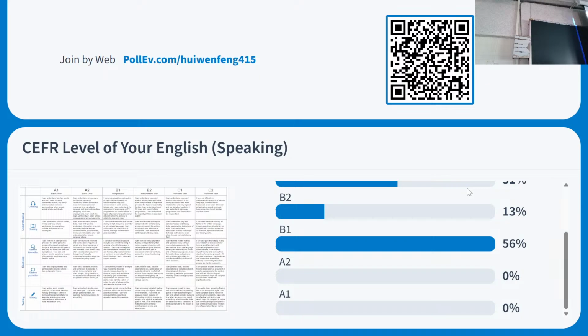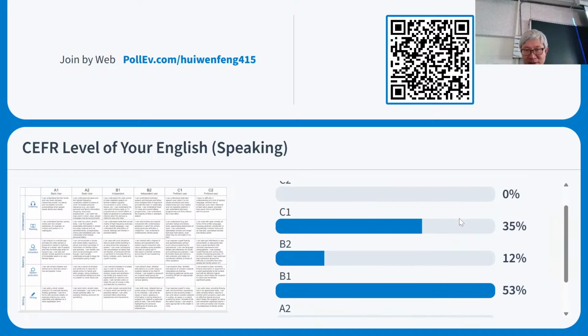Maybe because of confidence, we have more B1. You can practice, and so you will feel confident. And also no C2. Yeah, because of self-confidence. So maybe because of this, we have more B1 level. And maybe still C1, the same.